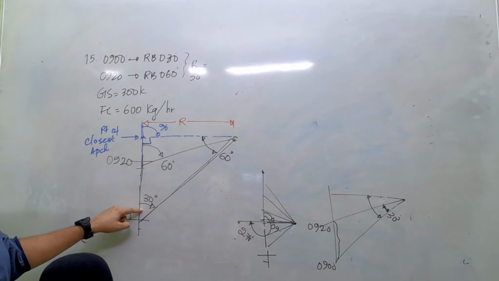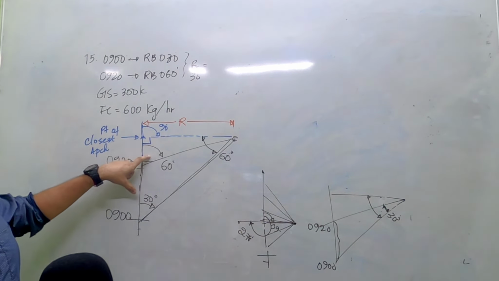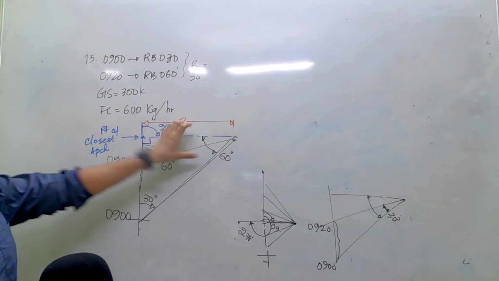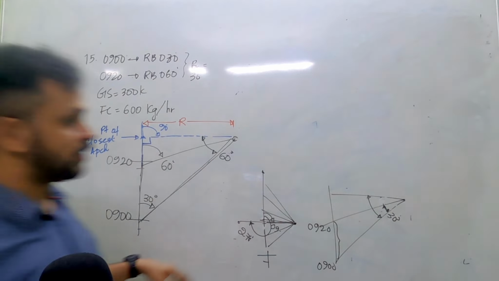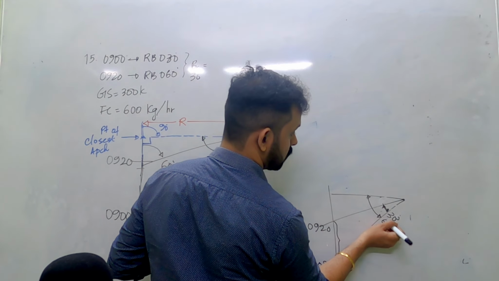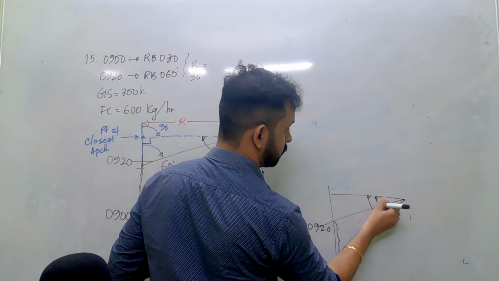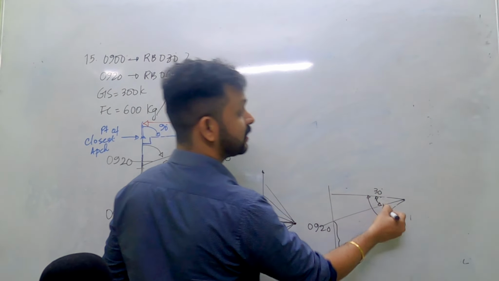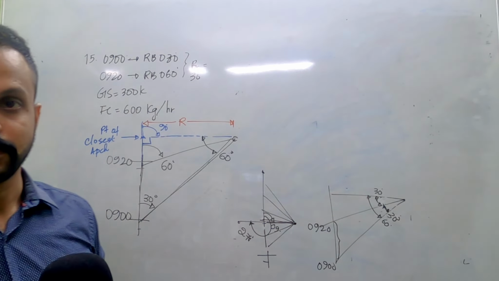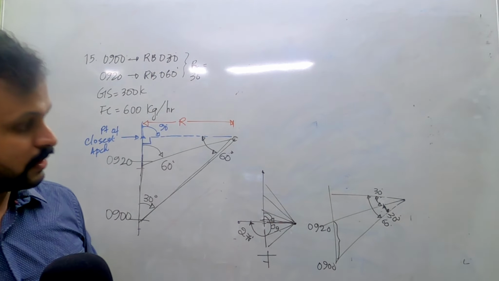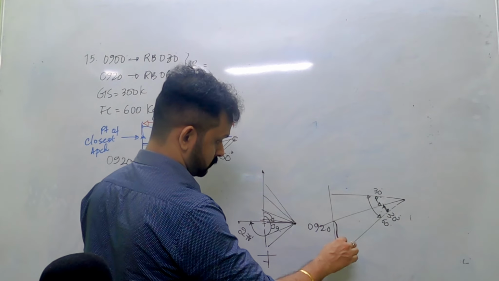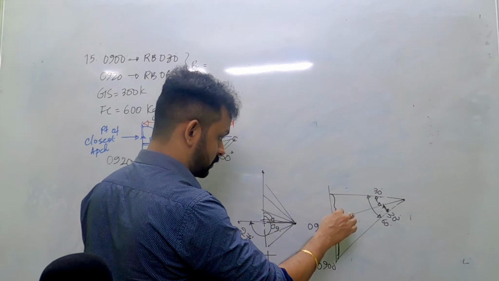Just like 30 and 60 is giving you 30, 30 and 90 should give you 60 degree relative bearing. Therefore, this total angle is 60. Therefore, what is this angle here? This is 30. Total is 60, therefore this also has to be 30. The angular change is the same. Right? Okay, now look at this distance here. And look at this distance here.